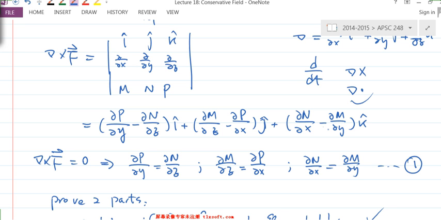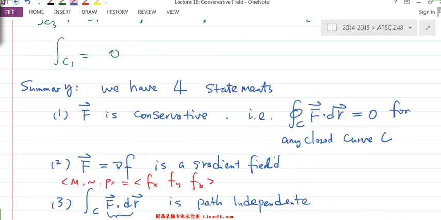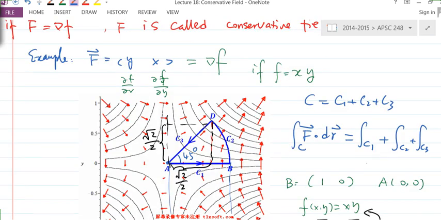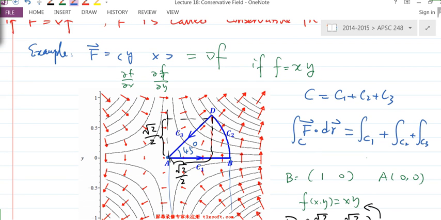So let's do a quick check here. Here's my vector field. Can you check whether it's conservative or not using this theorem? What's the m component? This is m. What's the n? This is n here, right?